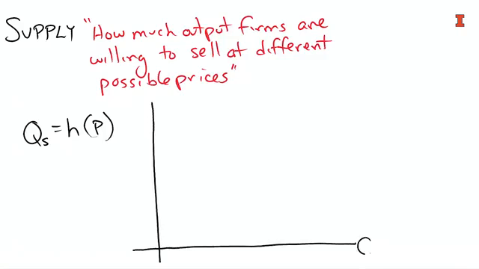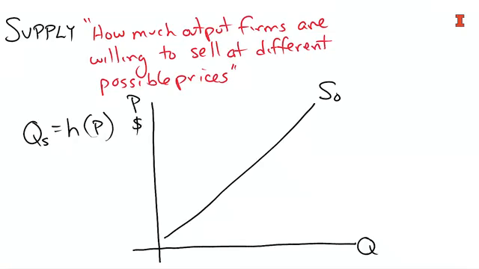So we'll put quantity on the horizontal axis as usual. We'll put price on the vertical axis, measured as dollars and cents. And that supply curve looks something like this. It's upward sloping. That's the key intuition. It means that as you offer firms higher prices, they're going to be willing to sell you more and more of their product.